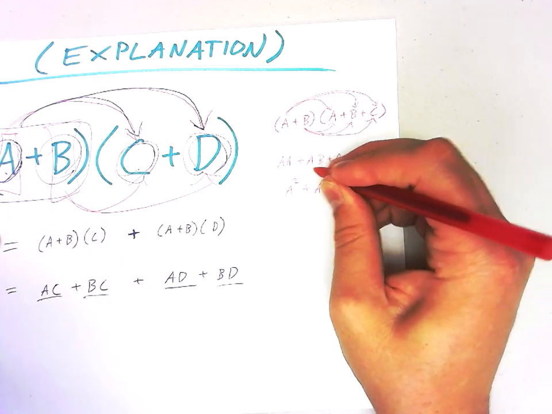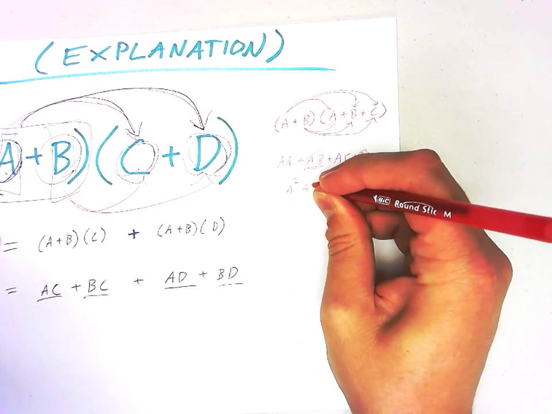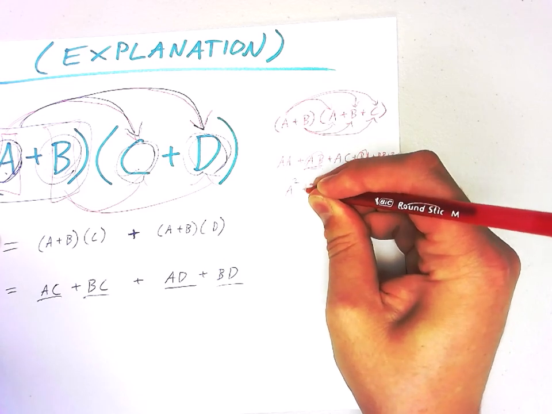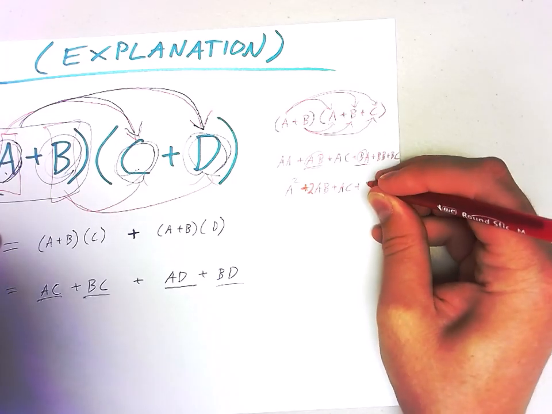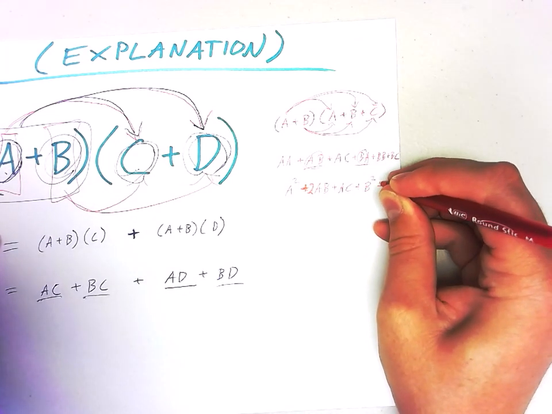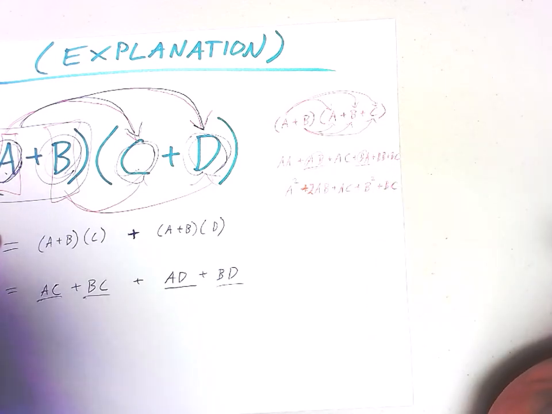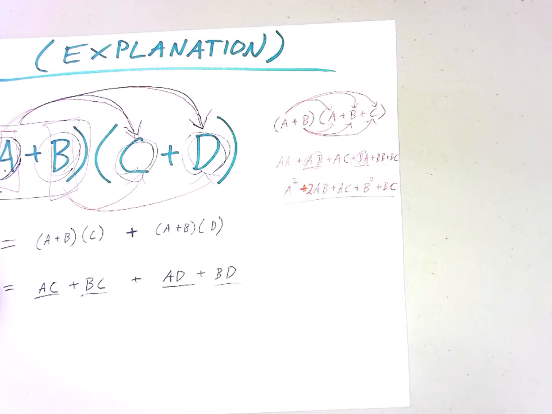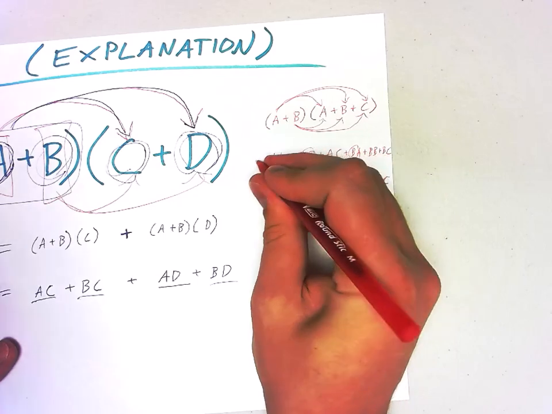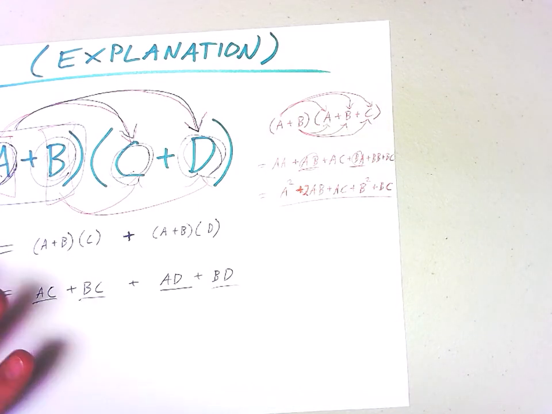And BA is the same as AB, so AB plus BA can combine to be 2AB. That's it. So you could mess with the order if you want, but that's the idea of how I think the best way to keep track of it all and multiply stuff out is.